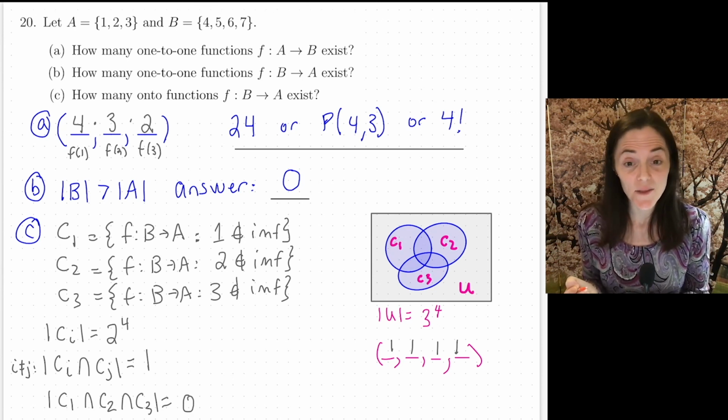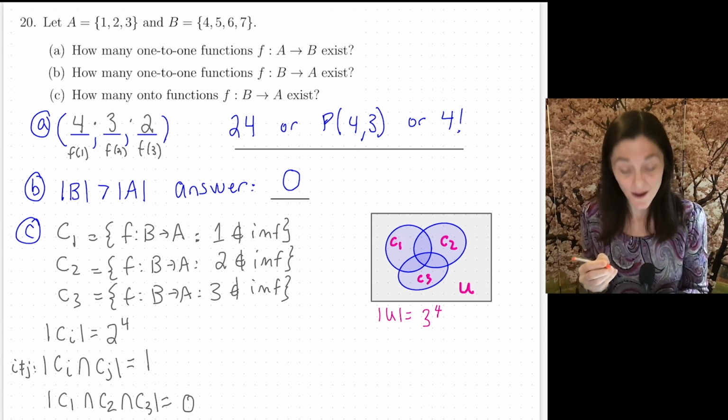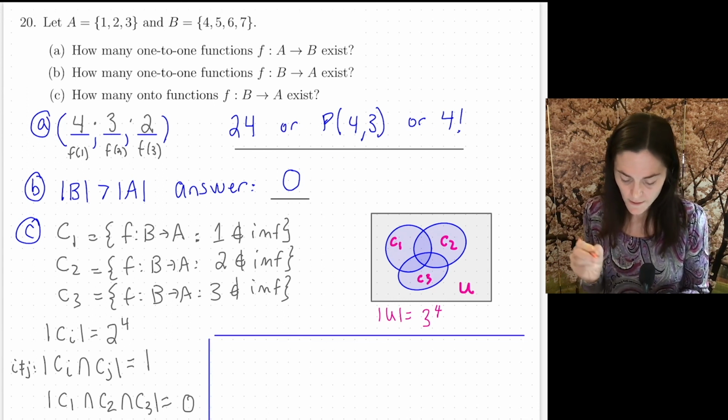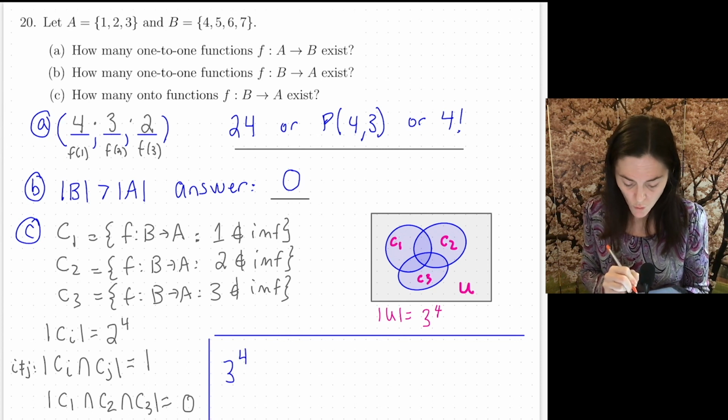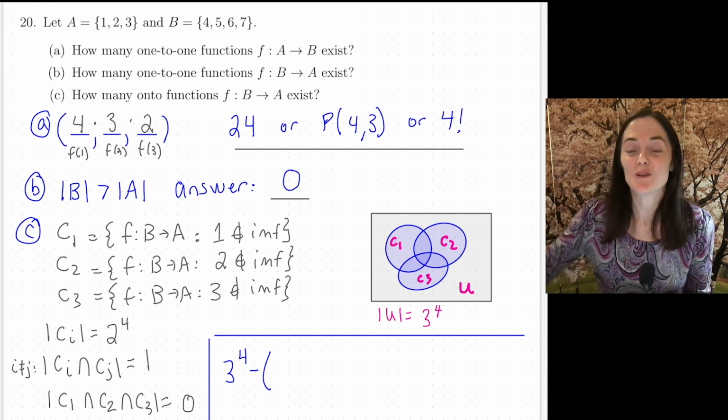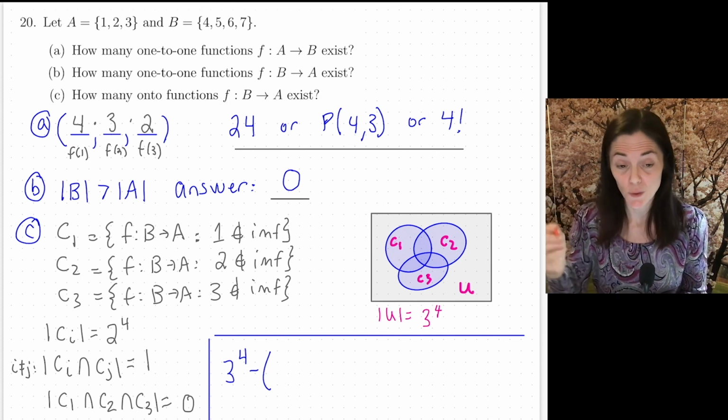Okay, now we have all the pieces we need for inclusion-exclusion. So the total number of onto functions, we'll put down here. We would take the cardinality of U and then minus the cardinality of C1 plus the cardinality of C2 plus the cardinality of C3.